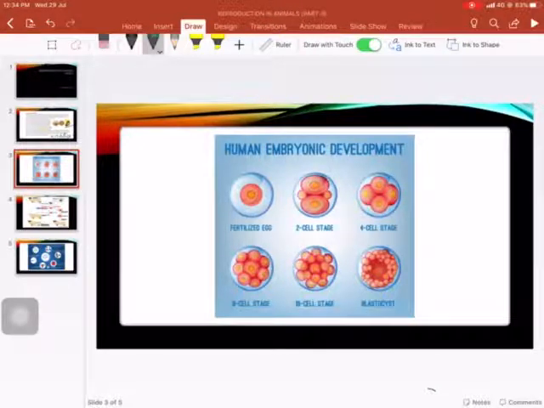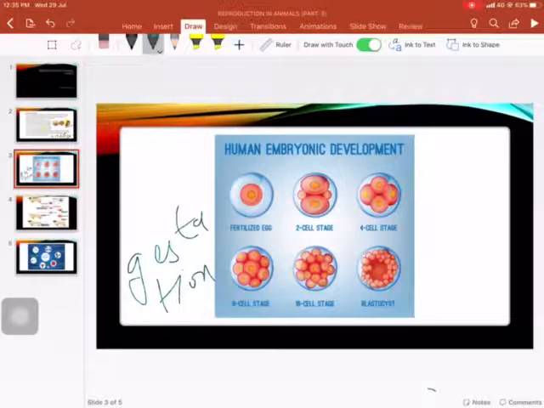It takes about 270 to 280 days, or approximately 9 months, for an embryo to develop into a baby, and this period is called the gestation period. When the fetus is fully developed into the baby, the mother gives birth to the baby. So this is all about the development of embryo inside the mother's womb.